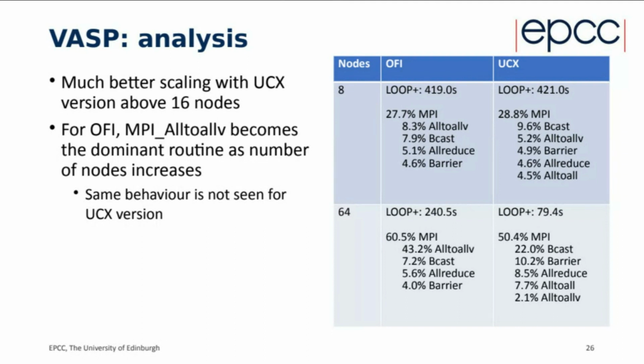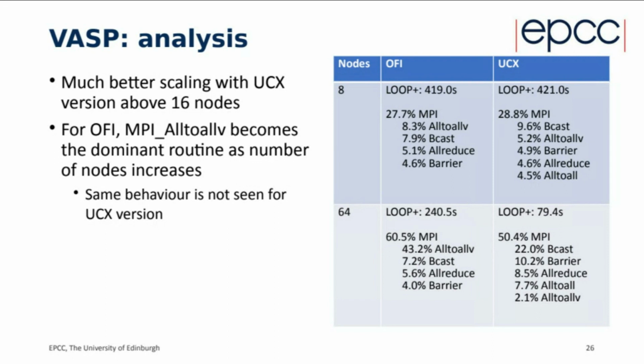So the next step as part of the study was we thought, well, can we look at MPI Alltoallv in particular, because it seems to be particularly implicated in poor performance for at least two of these benchmarks with OFI versus UCX.